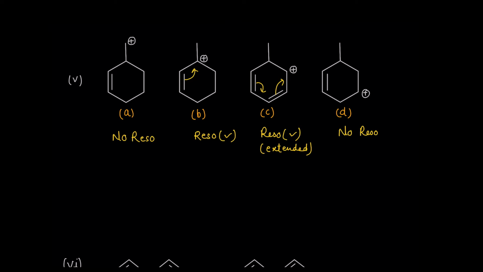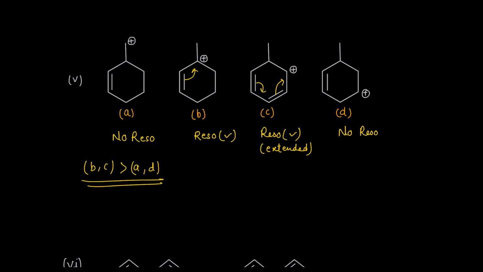Now we can say that B and C both are more stable as compared to A and D. So we can tentatively say that B and C both are more stable than A and D, but it doesn't solve our question, right? You may solve the question using this hint, as there may be some option in which you can get the solution. But if we look closely between B and C, the one having more resonance will be more stable.